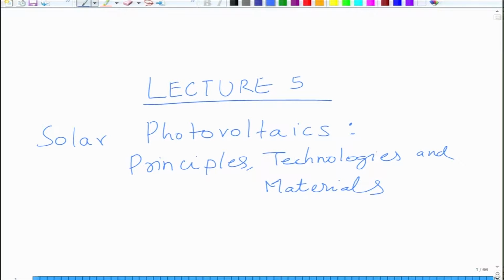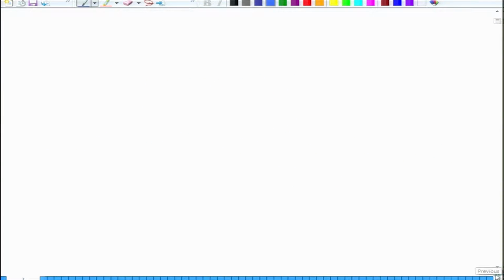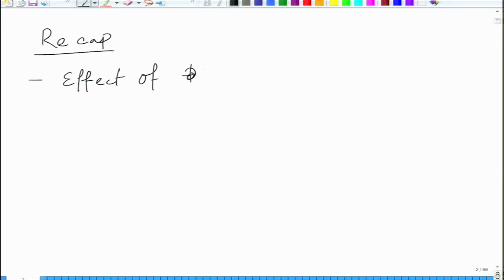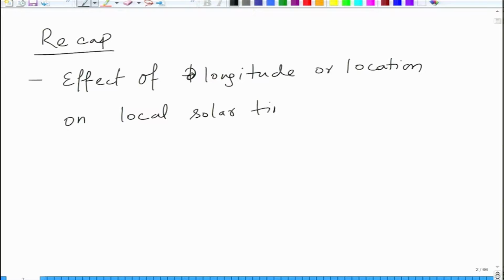So, in the last lecture we looked at, we will just do a brief recap. We looked at the effect of longitude or location on local solar time. We looked at a few expressions.